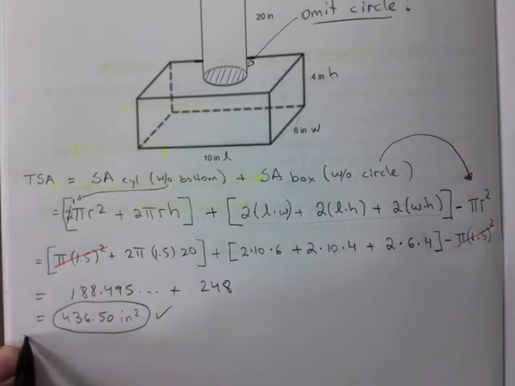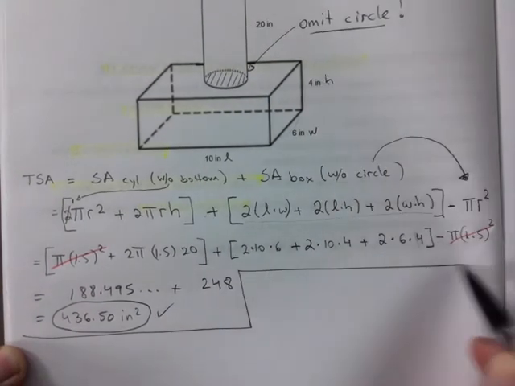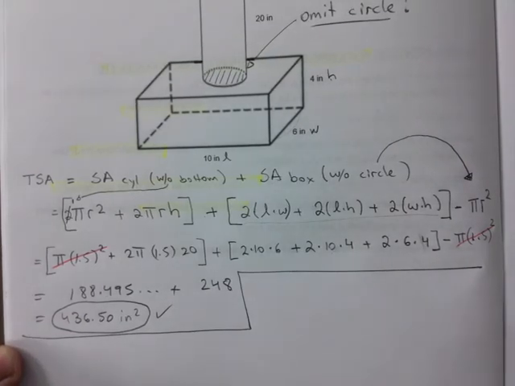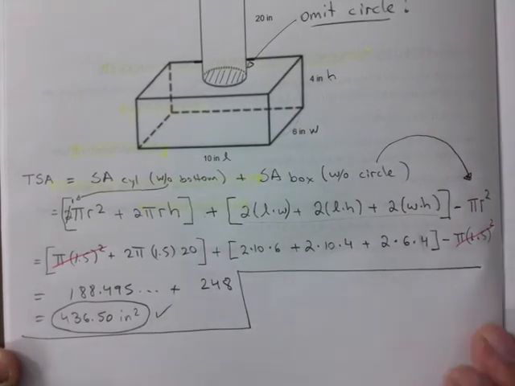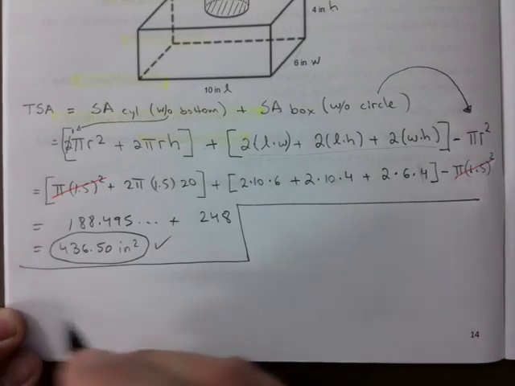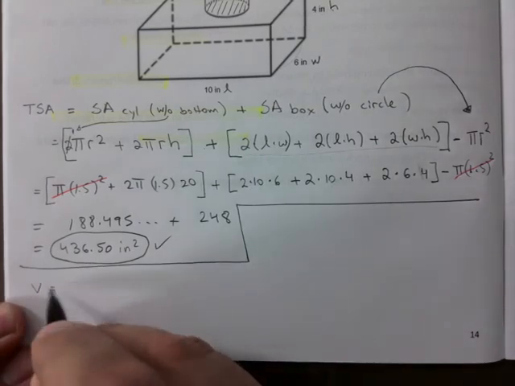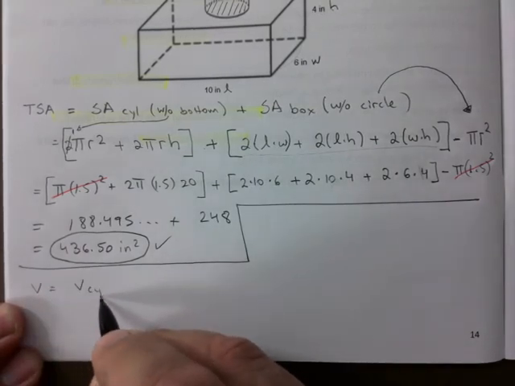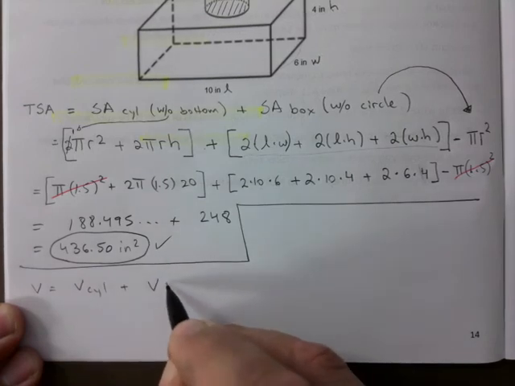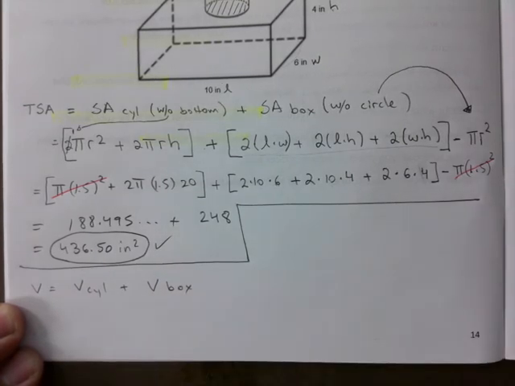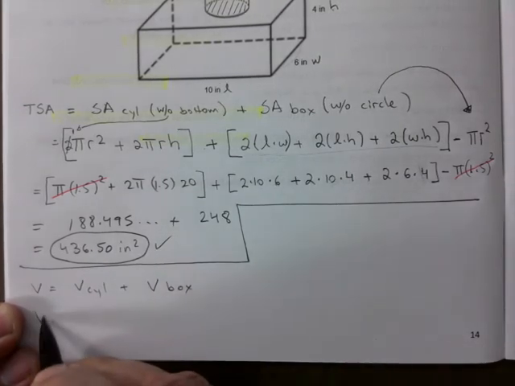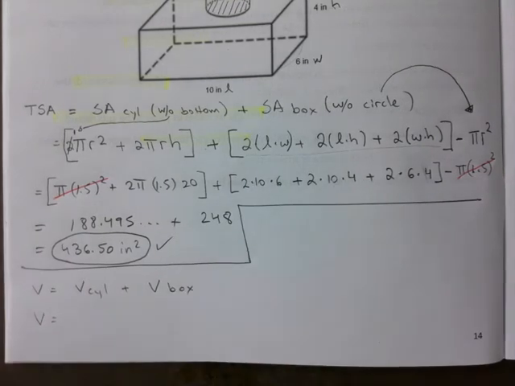And so I'm going to cut this here. We're almost there, guys. We can do this. And then the volume would be volume of cylinder plus volume of box. Do I need to worry about the sides touching the circle when it comes to volume?